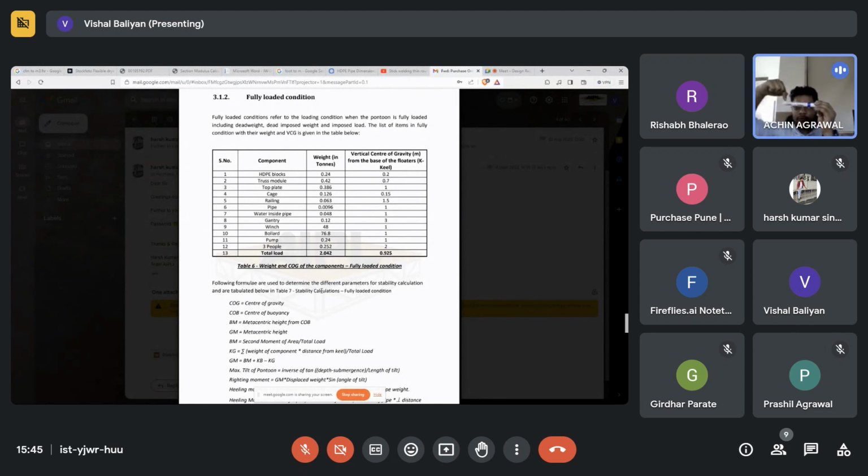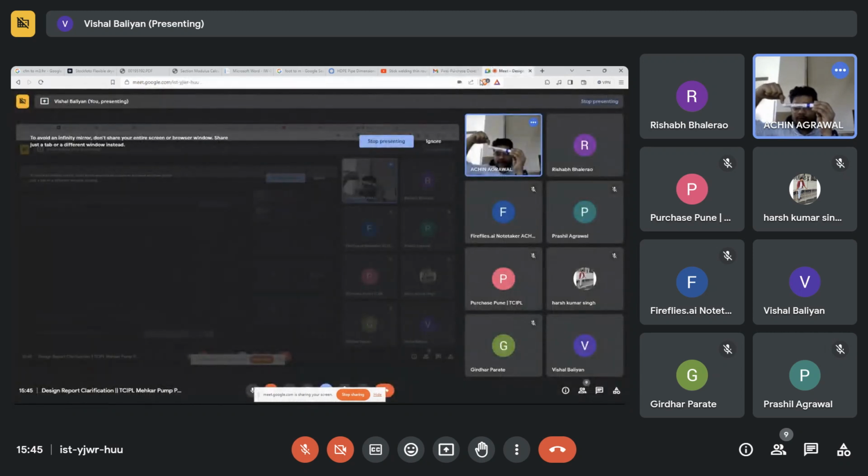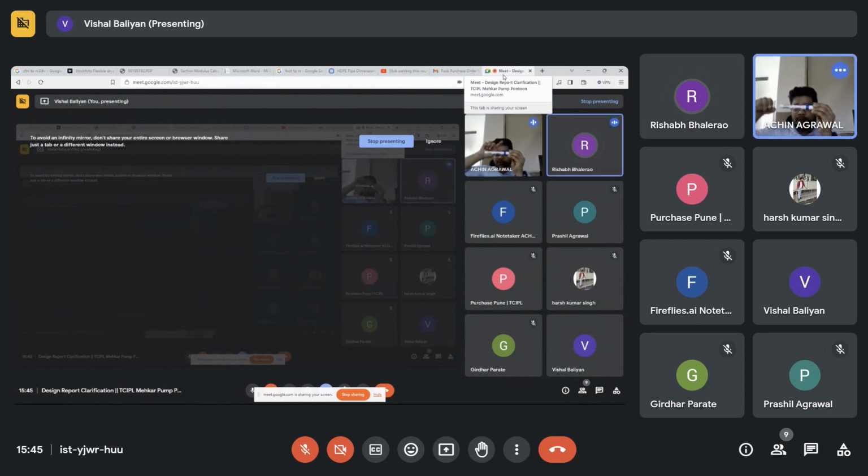Whenever I put a load at this end, it will create a moment about this point. Along with that, it will create a shear force along this section, and ultimately the shear force will go to this connection. So due to one force we have shear load and bending moment.